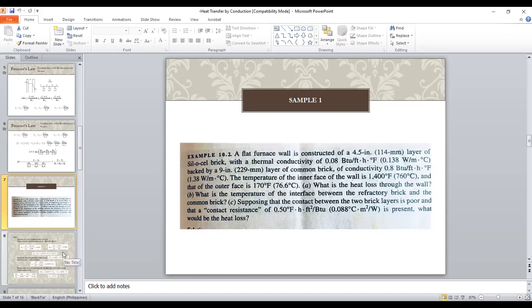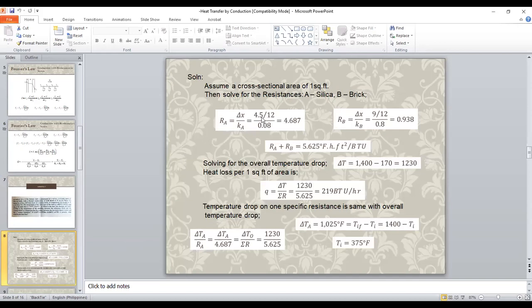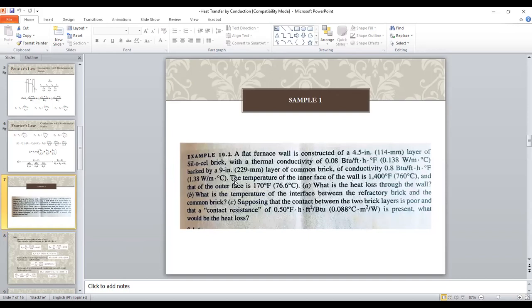If I go back to this slide, you could see that you have 4.5 here for the silocell brick, and you have 9 for the common brick. Then you divide them by the corresponding thermal conductivities of the two. For the silocell brick, it's 0.08. For the common brick, it's 0.8. Oh, there's a 0 before this one. I thought they were equal. So the conductivities are different between the two.